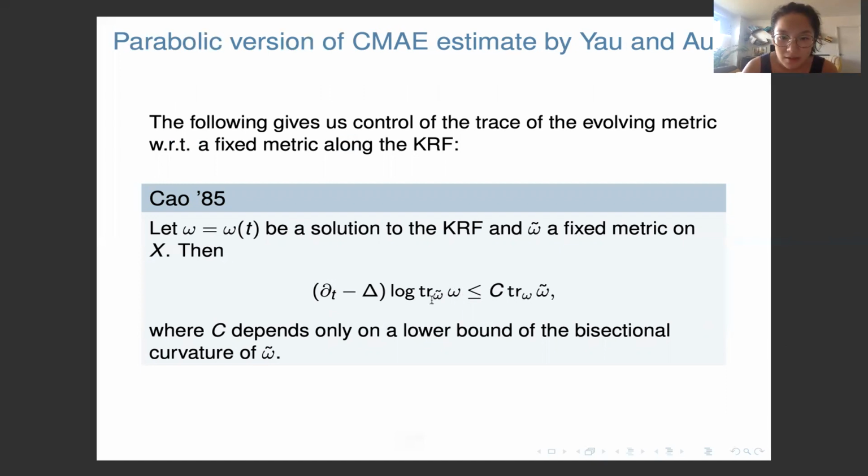Notice that they are in swapped positions relative to each other. This type of inequality can be very useful: if you have either an upper or lower bound, it will allow you to achieve the other direction. Here C depends only on a lower bound of the bisectional curvature of omega tilde.